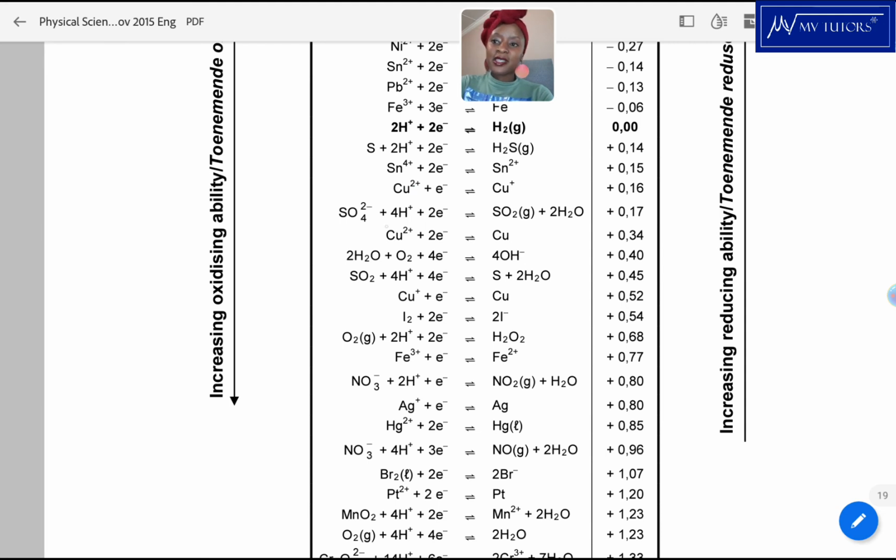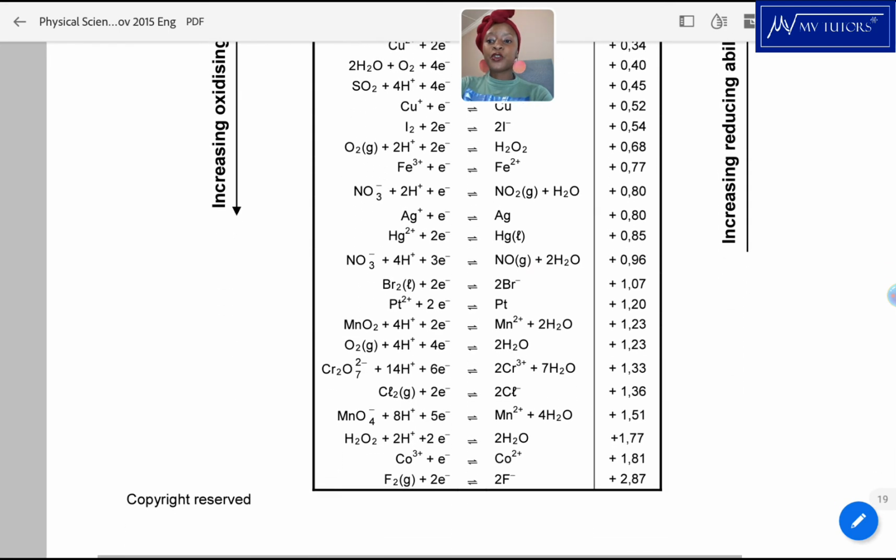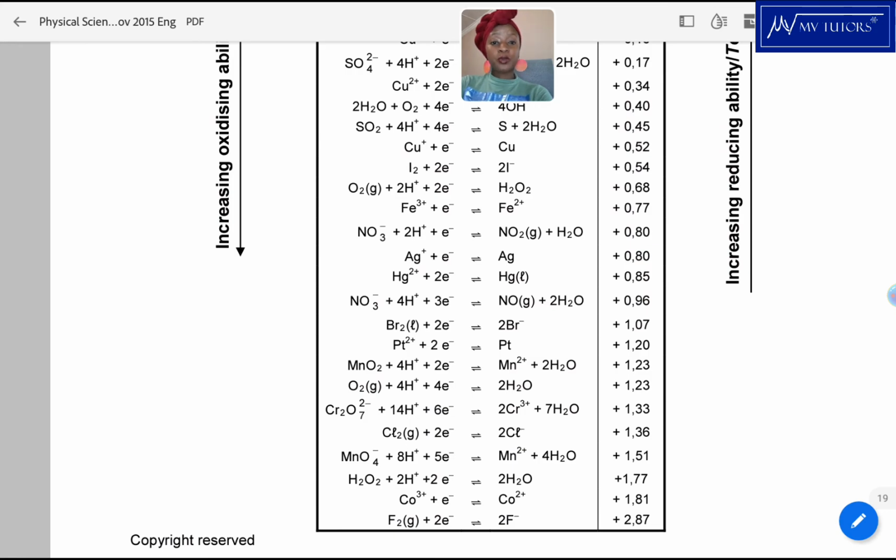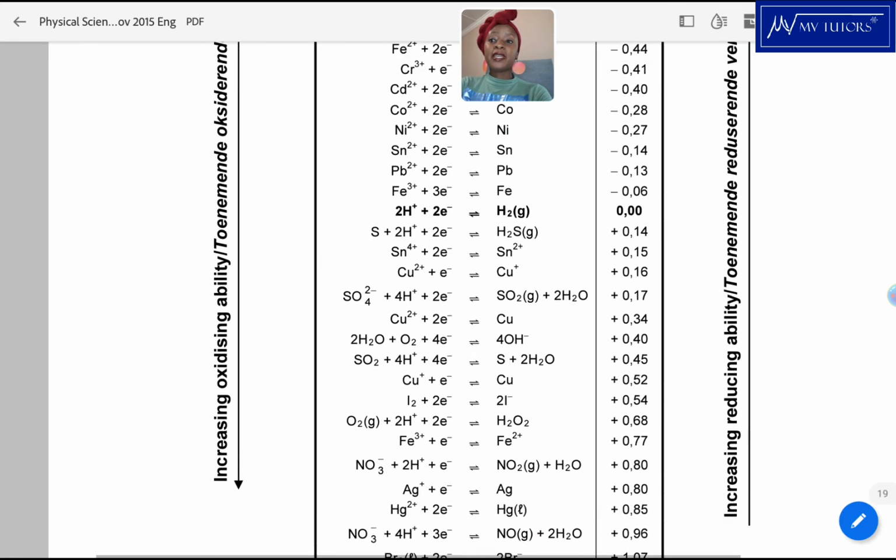I don't know if you can see my cursor, but copper 2 plus is actually positive. So this one will be reduced more than the hydrogen ion would. This is the table you would refer to so that you can see which one will be reduced and which one will be oxidized.